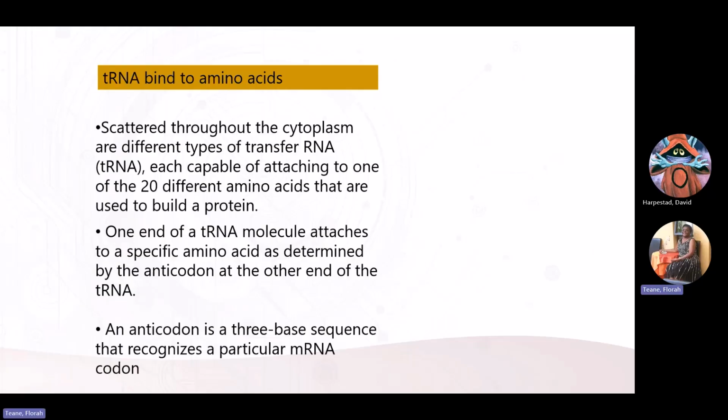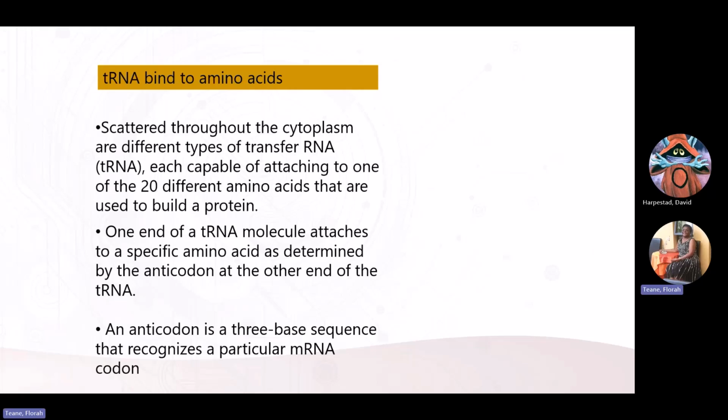And when 2 amino acids are put together, we call that a dipeptide. This is a process that ends up with the release of water, a process called condensation. And when another amino acid is added, it's a tripeptide. If more and more amino acids are added, we talk about a polypeptide.